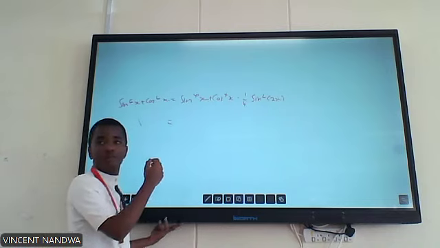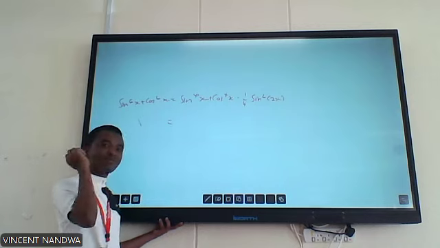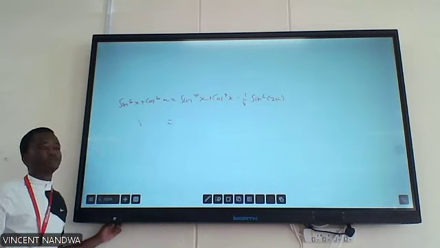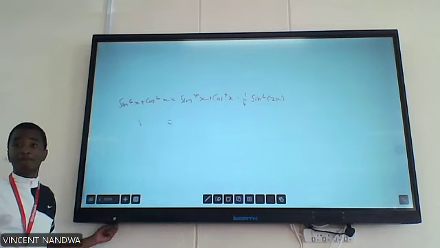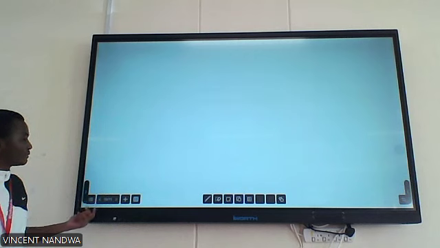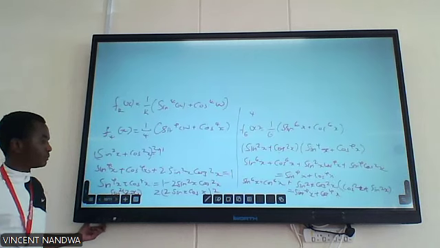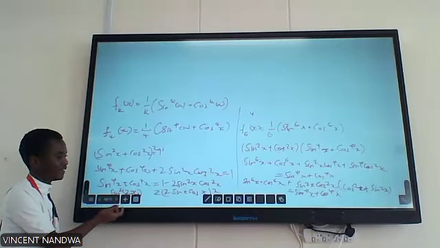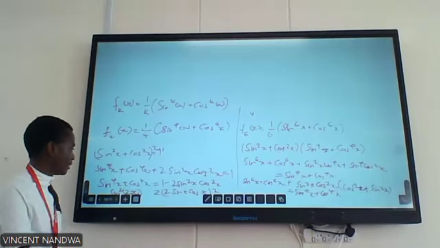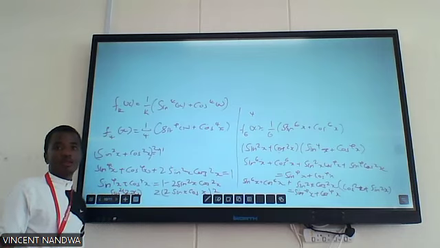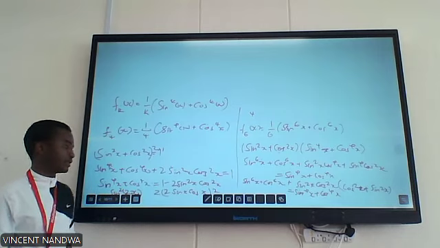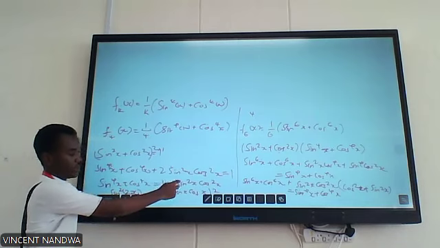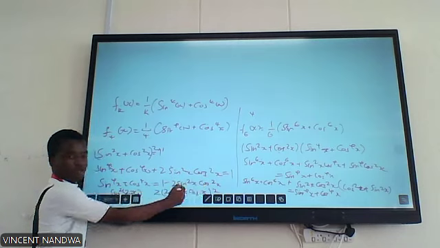What is the standard? It was 1 minus a half sine squared 2x. Like this, 1 minus a half sine squared 2x.